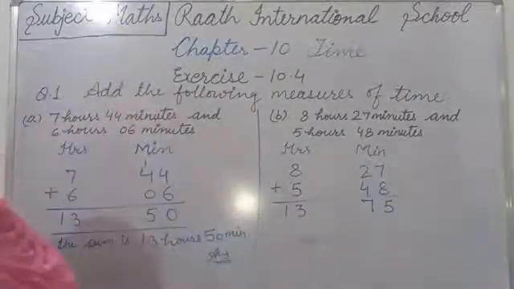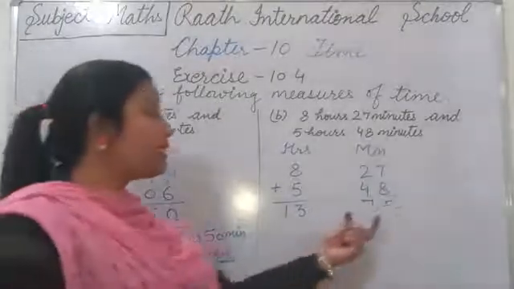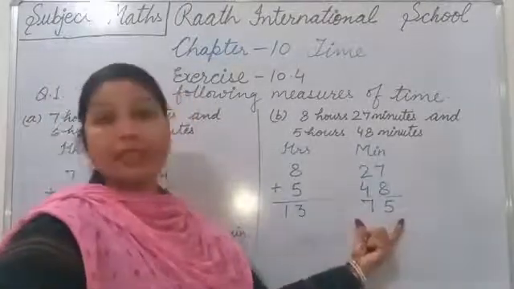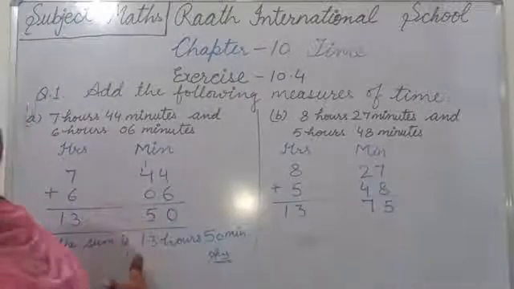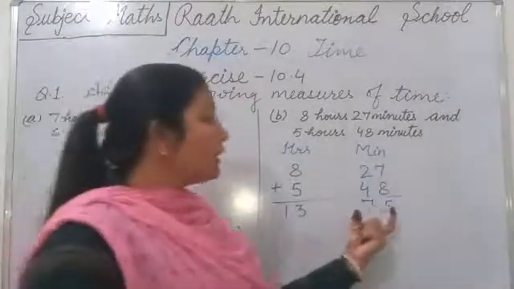Now we should check how many minutes are there. We see that there are 75 minutes. But as we know, 60 minutes make 1 hour, and this is more than 60.